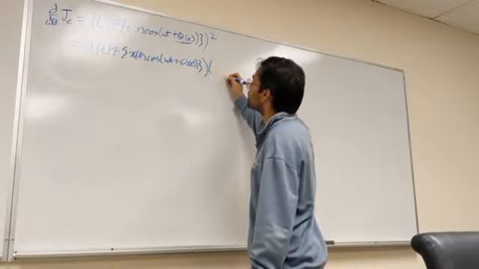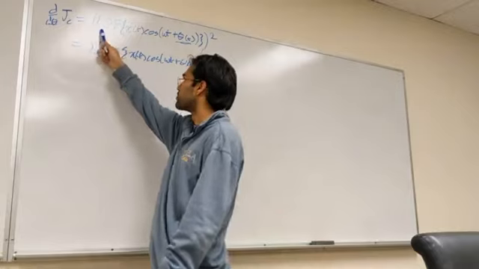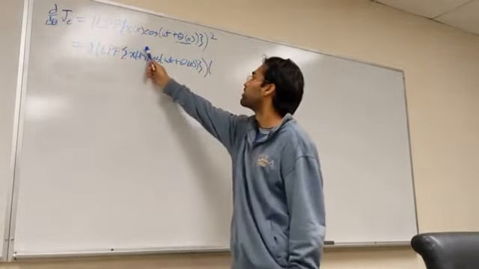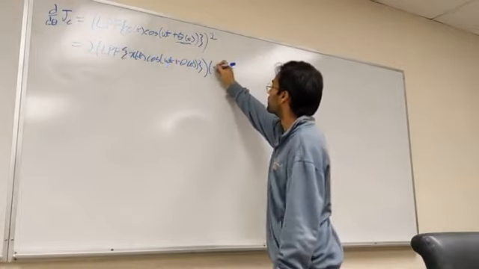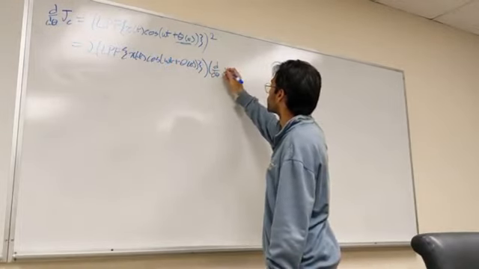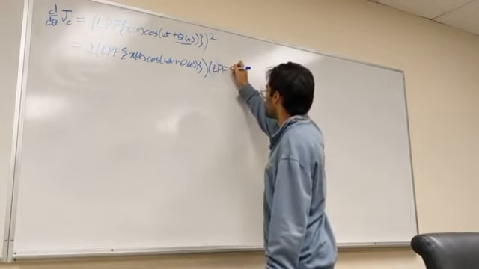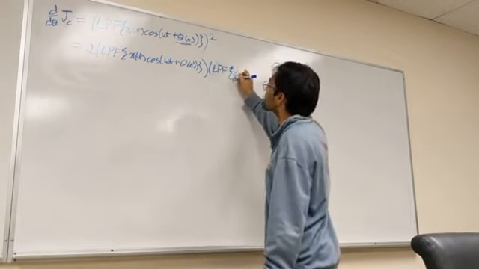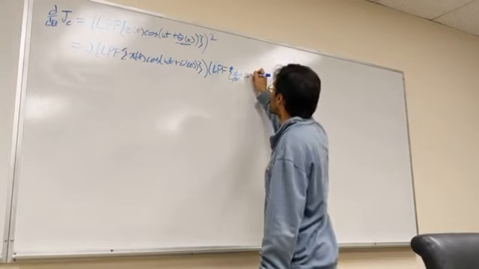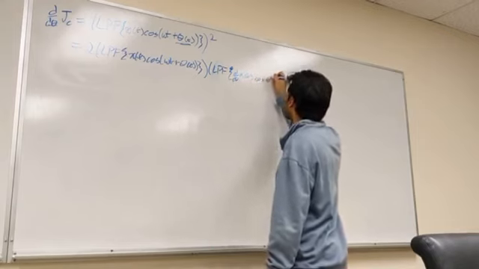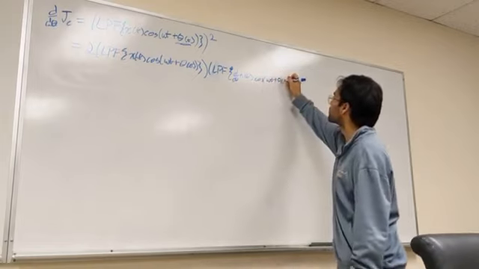The low pass filter is linear, we're going to assume, so we can shift the derivative inside. And so it's just the low pass filter of d theta of x of t cos of omega t plus theta of t.